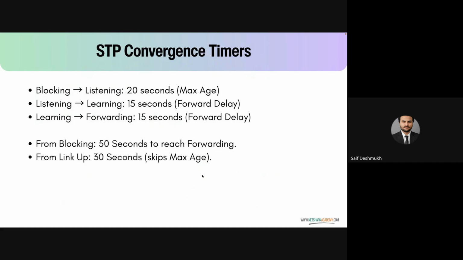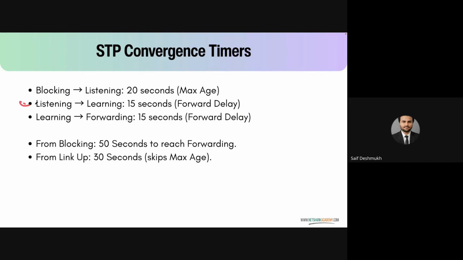Regarding the convergence, now we are talking about the convergence. How does the convergence happen? And we'll also talk about a couple of features to speed them up. In spanning tree, interfaces that are in shutdown state and have come up go to listening first and then learning. This is to slow down the pace to avoid loops until everything has converged.